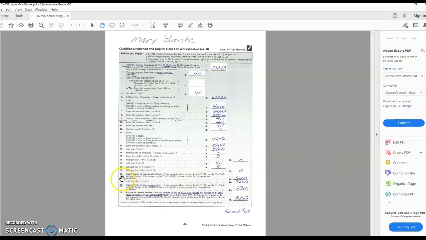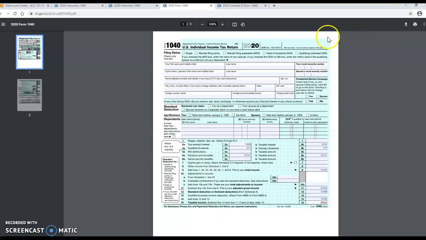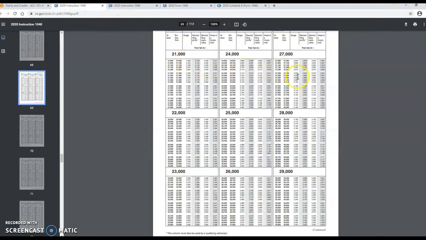All right, so we get down to line 22, and it says figure the tax on the amount on line 5. So line 5 is 28,832. So we're going to go into our tax table, and here's our 28,000.